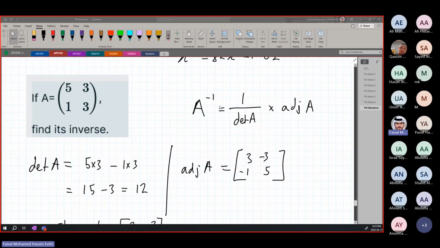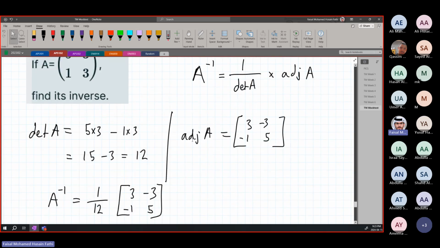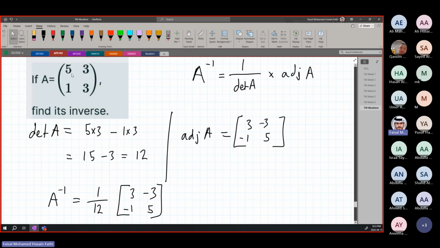So again, this is the equation: A inverse is equal to 1 over the determinant of A times the adjoint of A. We found the determinant of A. We found the adjoint of A. For the adjoint, we just flip. We flip the 5 and the 3, so it becomes 3 and 5. And we add negatives to the 1 and 3. We multiply them by a negative number, minus 1, minus 3.